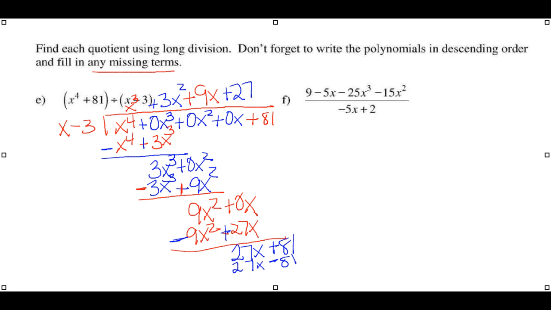We change our signs. This becomes a negative, this becomes a plus, and we end up with a plus 162.